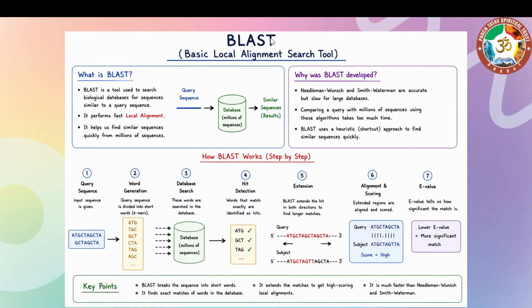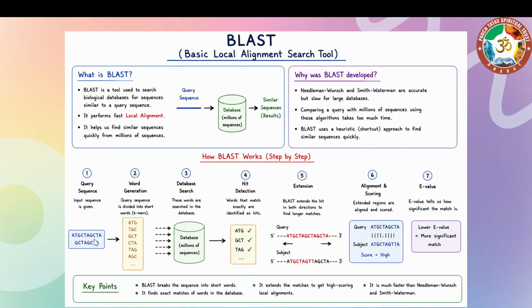Now, what is this BLAST? BLAST stands for Basic Local Alignment Search Tool. BLAST is used to search the biological databases for sequences similar to our sequence. I'm repeating it again: BLAST is used to search biological databases for sequences which are similar to our sequence.